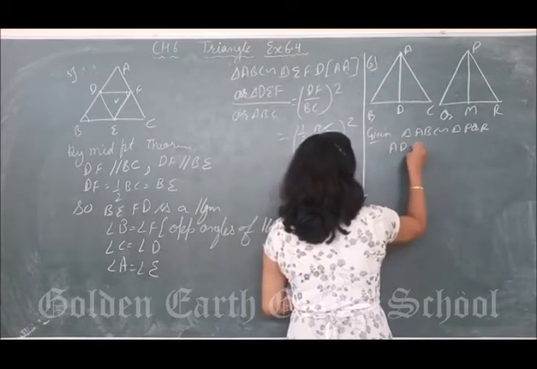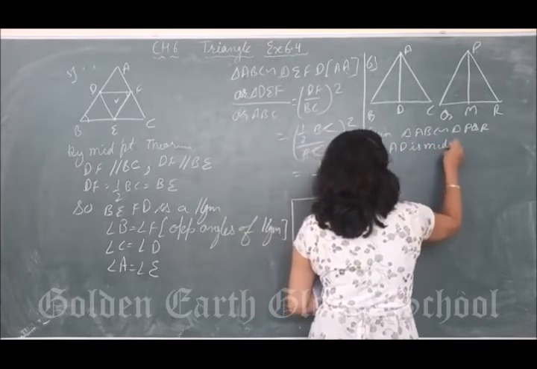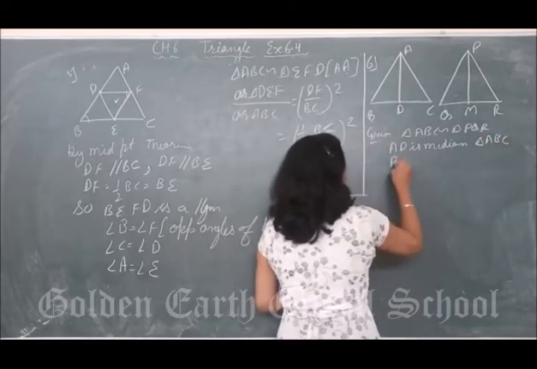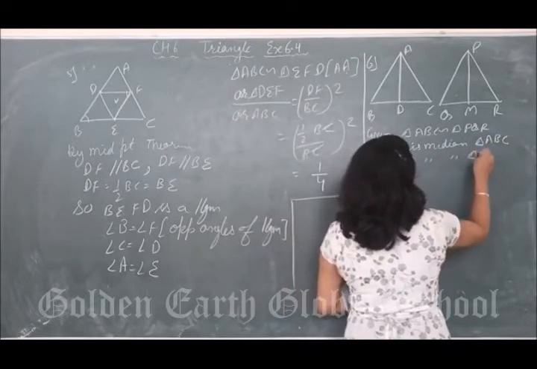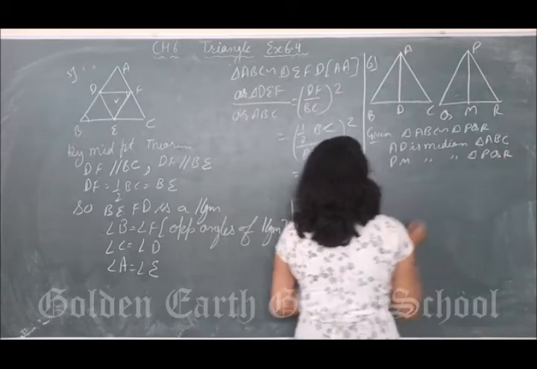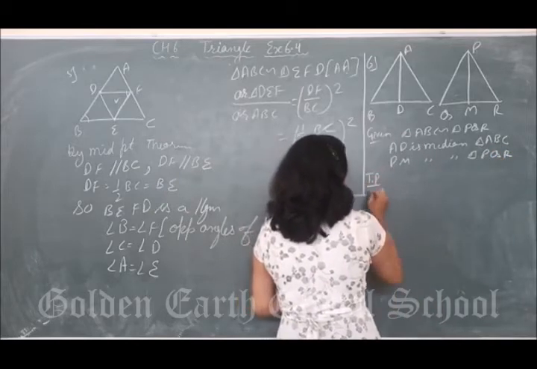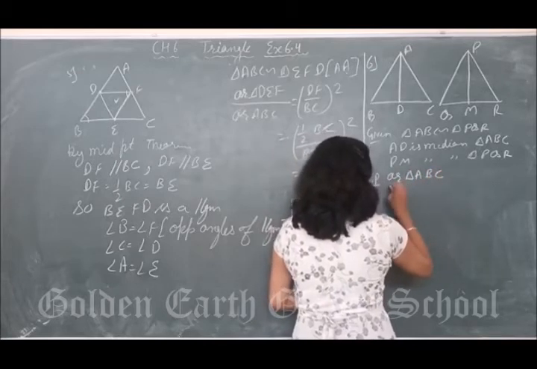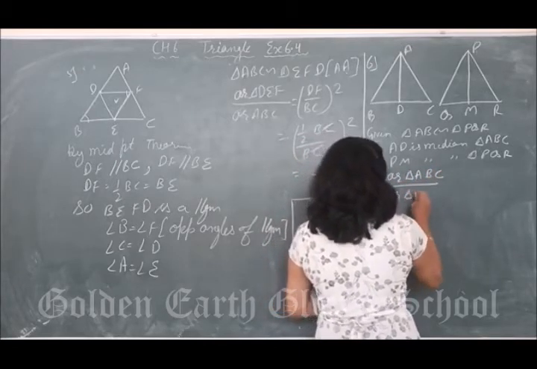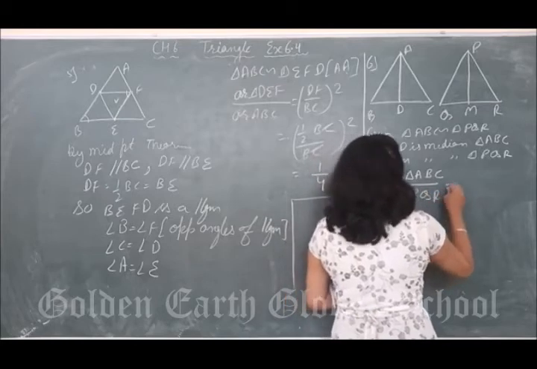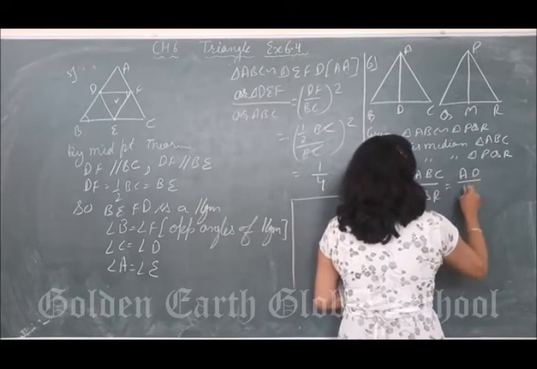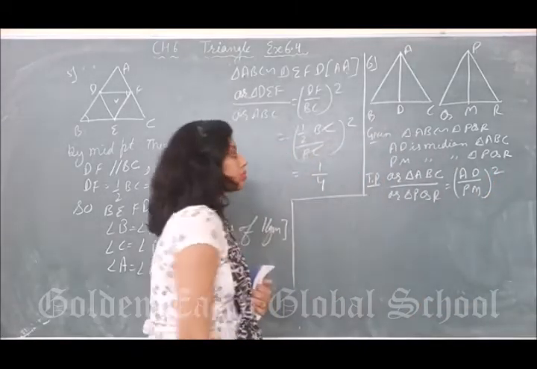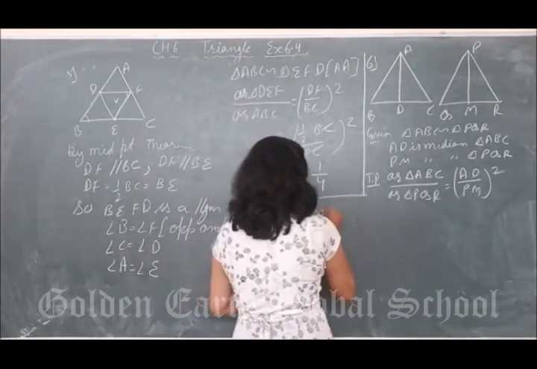AD is the median of triangle ABC. PM is the median of triangle PQR. So we have to prove area of triangle ABC upon area of triangle PQR is equal to AD upon PM, whole square. Clear? So we will prove.